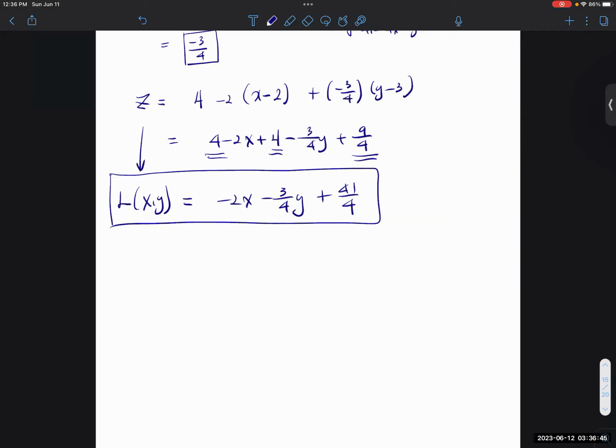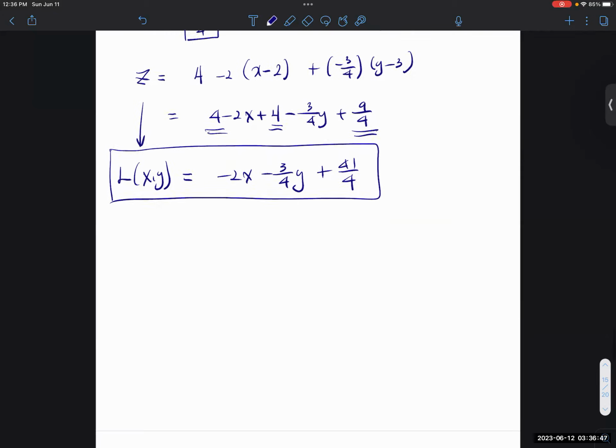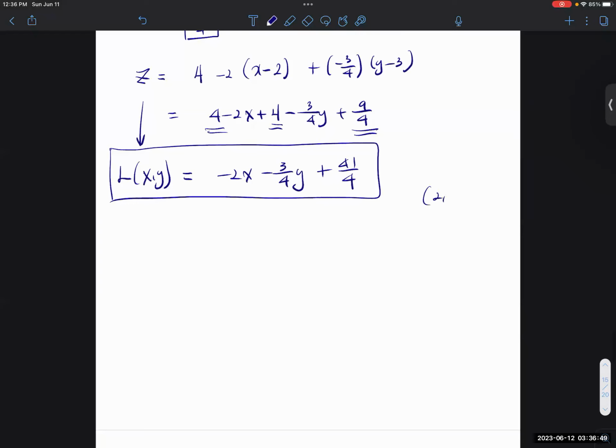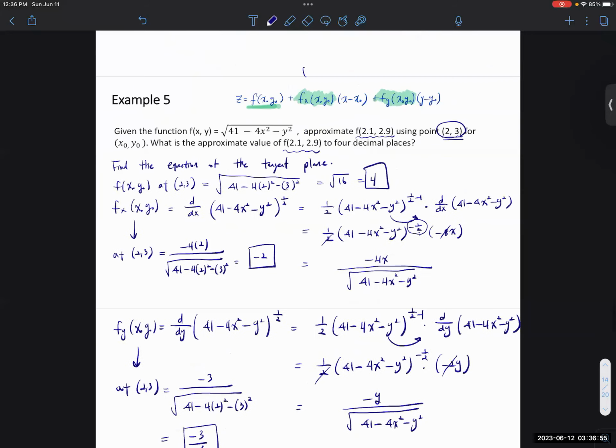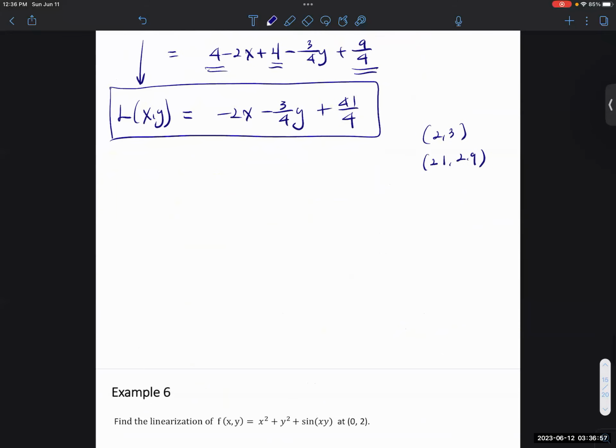Now, we want to know the difference between the point (2, 3) and the point (2.1, 2.9), right? So there are two points. Let me plug into the linear approximation (2.1, 2.9).